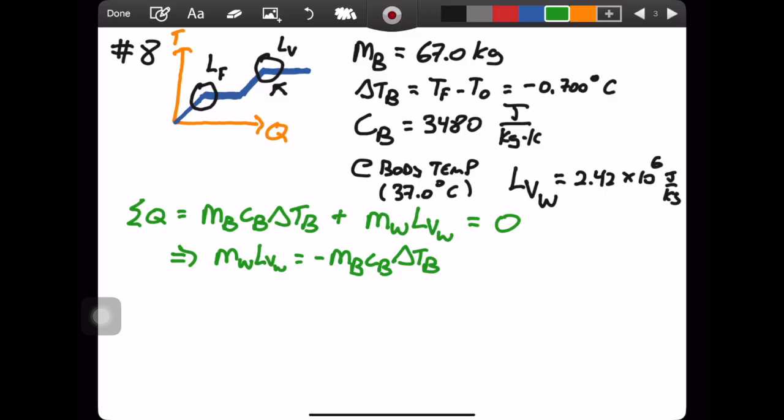And now what I'm going to do is divide both sides by the latent heat of vaporization of water.